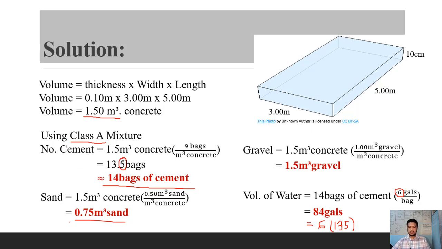But it is just rounded up to 14 bags, because there is no half bag of cement. Okay, so what is the answer for this? 6 times 13.5 will be, I think, 81. So I think it is more accurate to use this proportion.